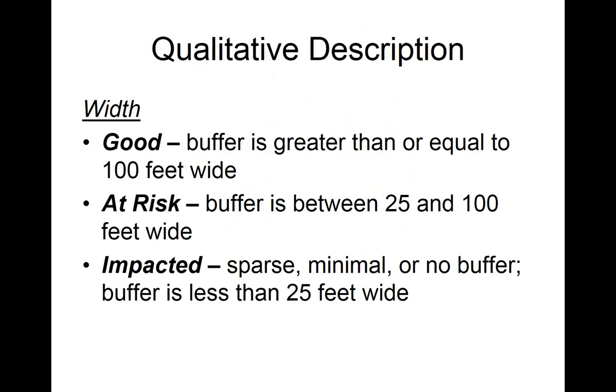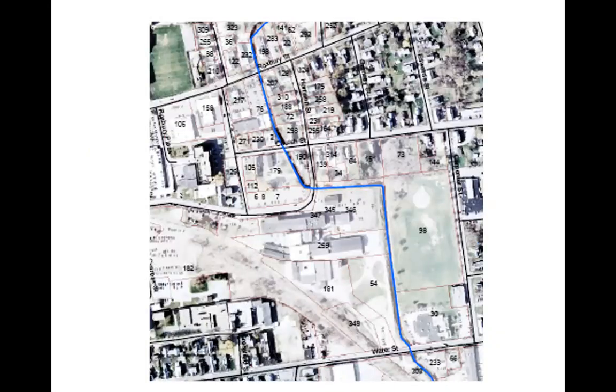So as I said, you're familiar with a qualitative descriptor such as, for example, a buffer. And so we came up with these descriptors, and obviously they were based on research in the literature and on other similar urban stream analyses around the country.